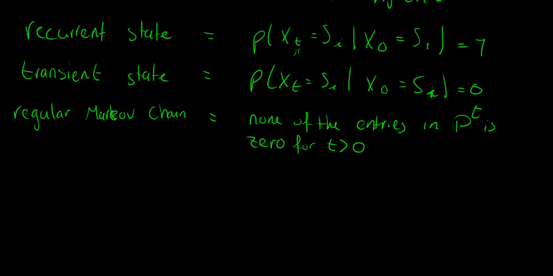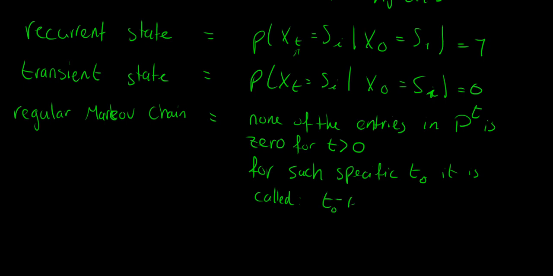And when there's such a specific t, t0, that is the lowest possible t for which this is true, then this is called a t, or in this case t0, regular Markov process, Markov chain, where t0 is a number.